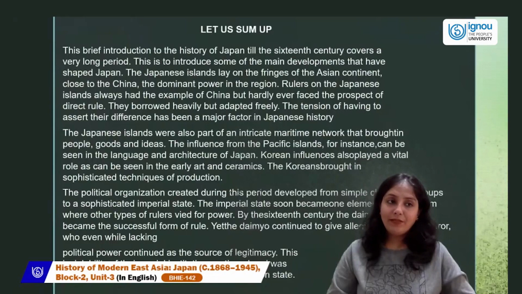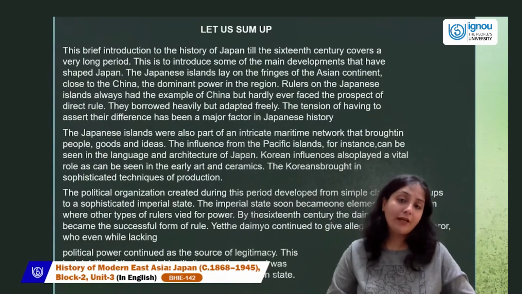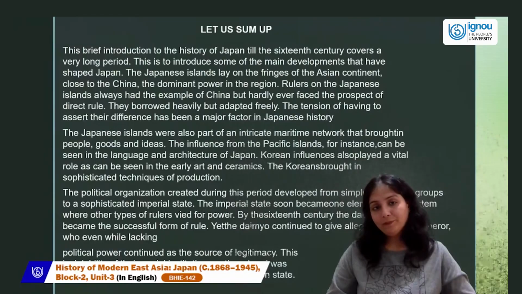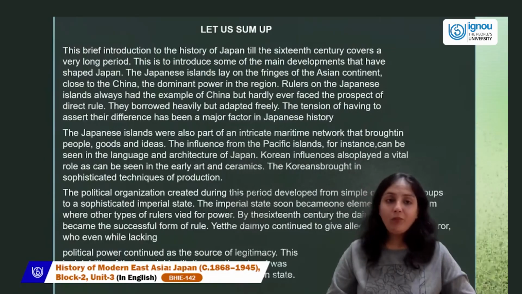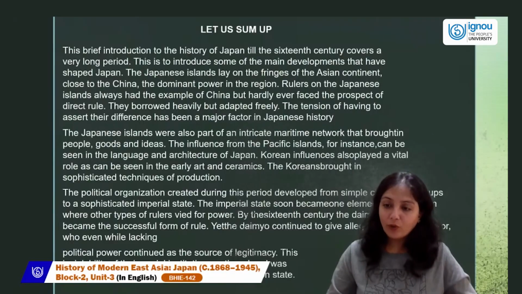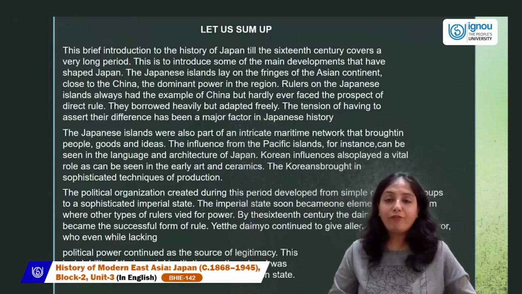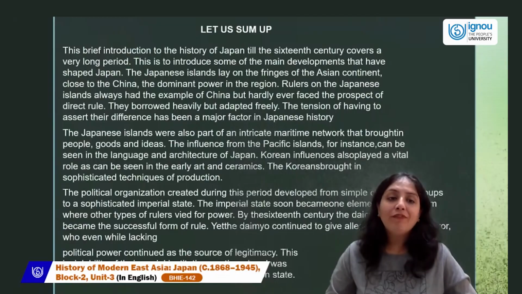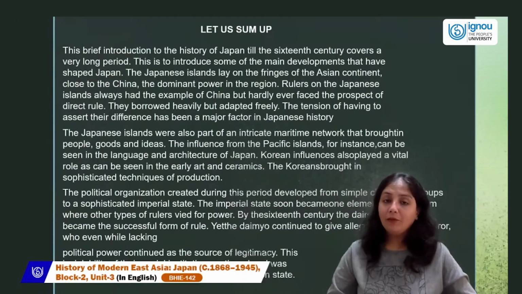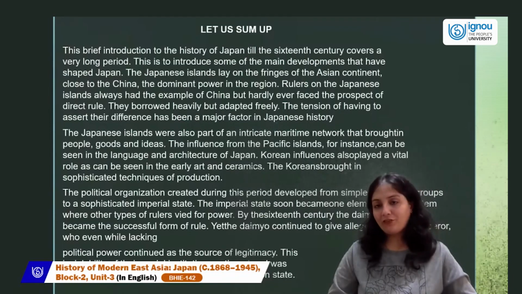Rulers on the Japanese islands always had the example of China, but hardly ever faced the prospect of direct rule. They borrowed heavily but adapted freely. And the tension of having to assert their differences has been a major factor in Japanese history.